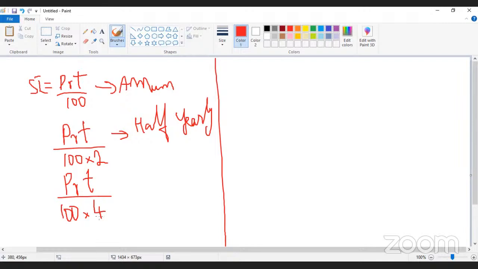Yes, after every 3 months I'm paying. That is called quarter yearly. Are you clear with that?